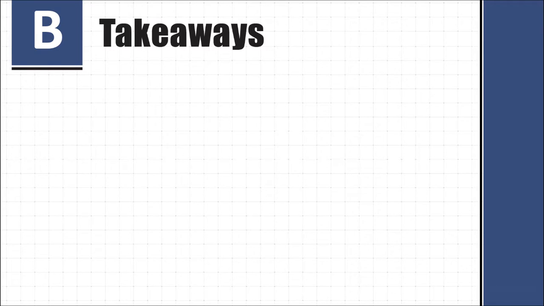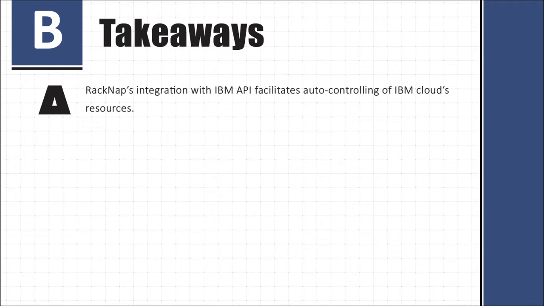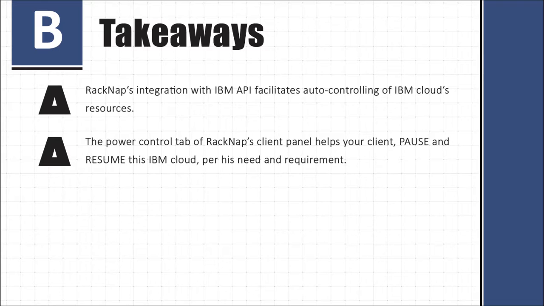Now, let us have some key takeaways from this section of demonstration. 1. RackNap's integration with IBM API facilitates auto-controlling of IBM Cloud's resources. 2. The Power Control tab of RackNap's client panel helps your client pause and resume this IBM Cloud per his need and requirement. 3.